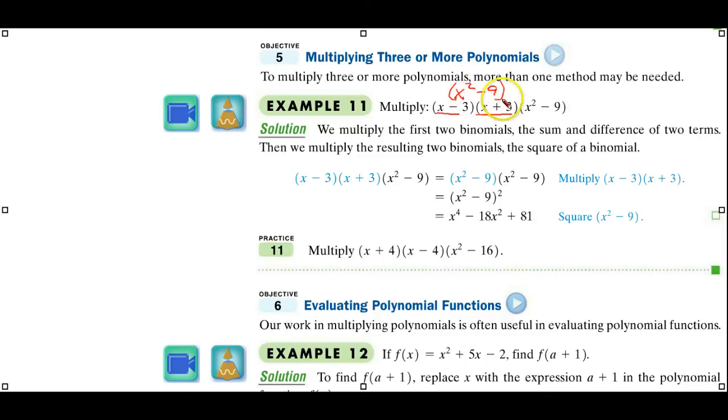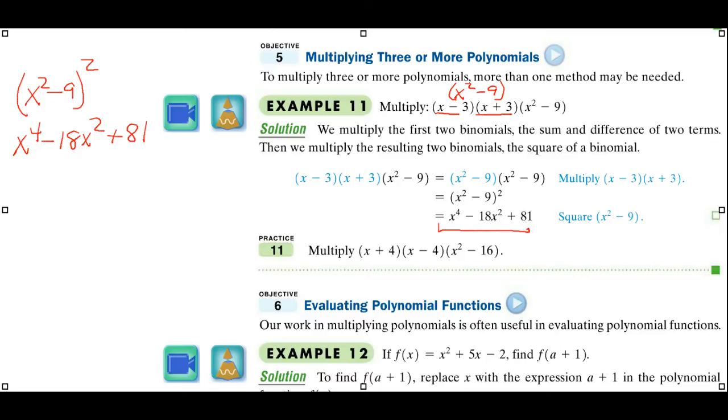So now you have 2 of these that you're then going to say x squared minus 9, the quantity squared, and use that special technique. Square this first one. That'll be x to the 4th. Multiply these two together, double it, negative 18x squared. Square this last one, plus 81. And that's what they have.